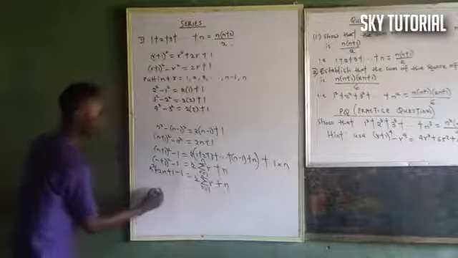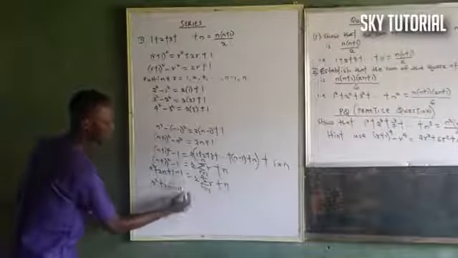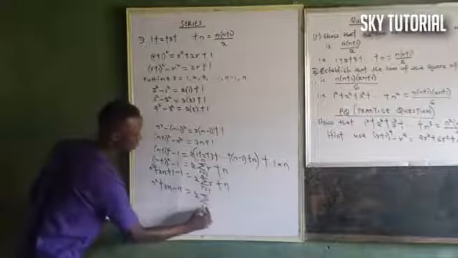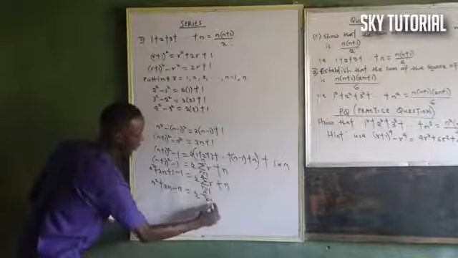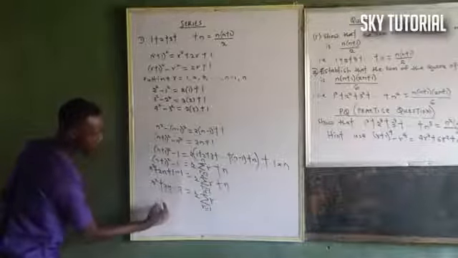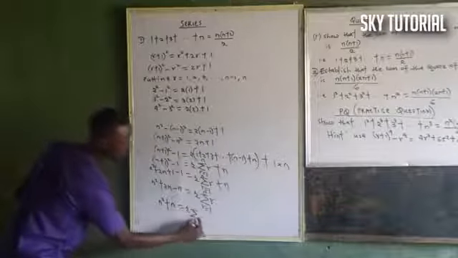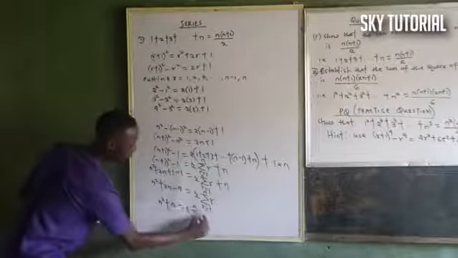When this one moves to this side, I have n squared plus 2n negative n. This one is out, so we have summation r equals 1 to n of r. This one we cancel, and when we subtract, we are left with n squared plus n equal to summation r equals 1 to n of r.